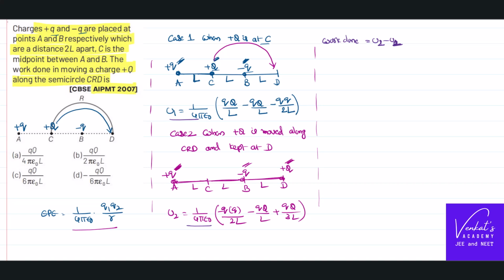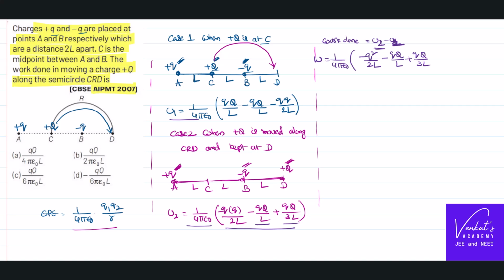So I can write the work done as 1 by 4 pi epsilon naught. Let me write the U2 terms first as they are. The first term is minus q square by 2L. The second term is minus qQ by L. The third term is plus qQ by 3L.